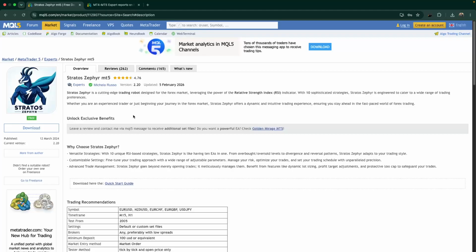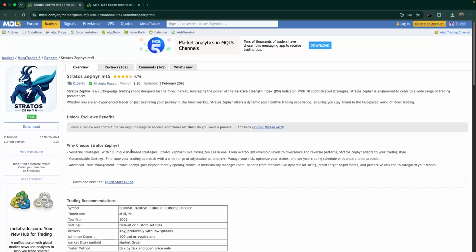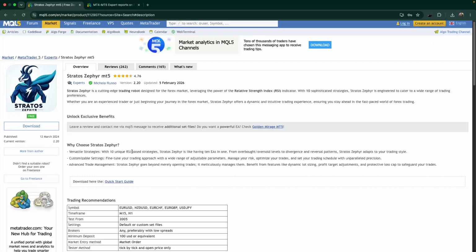Now, the EA uses the RSI indicator, the default period 14, to catch reversals. It buys when RSI crosses up from oversold territory around 30 and sells when it crosses down from overbought levels around 70. This is classic mean reversion trading, aiming to fade extremes on the 1 hour time frame by using the simple RSI, not too many indicators, just the RSI.